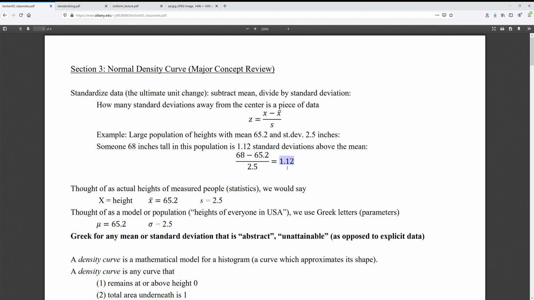One more time. The 68 is 1.12 standard deviations above the mean, with the understanding that negative above would be below. So although Z is technically unitless, that's one way you can think about the standardized quantity: it is the number of standard deviations above the mean.